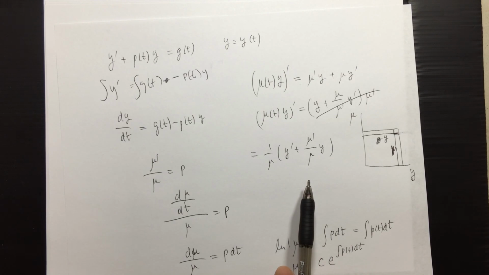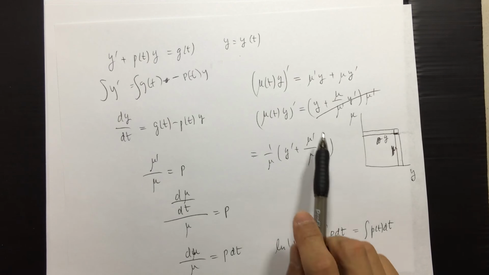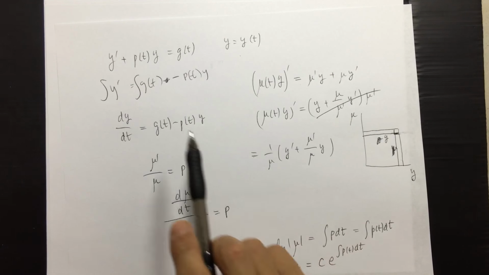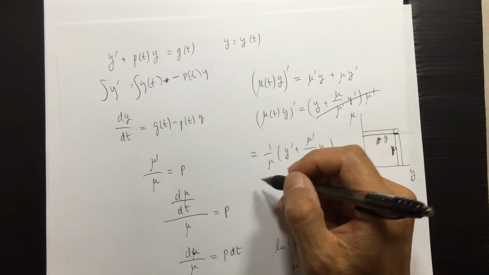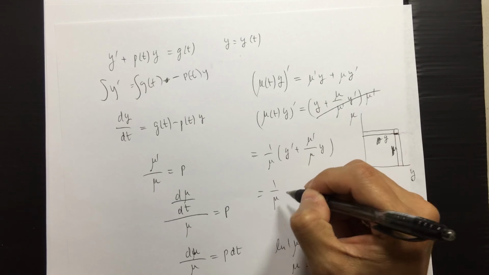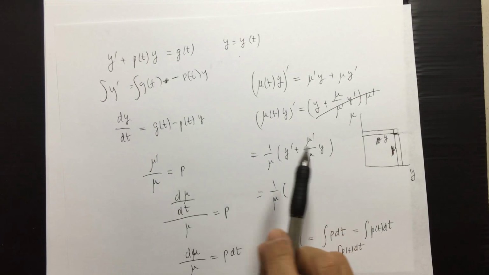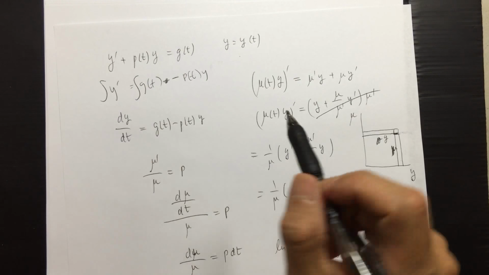Let's see where we are. Now this equals to p, so this equals to 1 over mu. This equals to g.